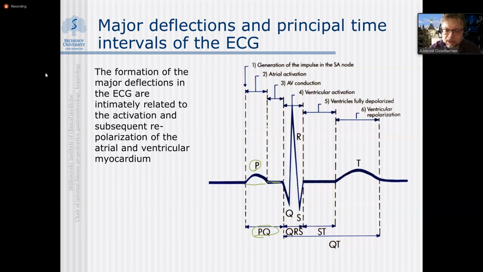A segment is after termination of P and before onset of the ventricular complex. An interval is the portion of the ECG including the P wave. So that's the so-called supraventricular activation that encompasses activation of atria and activation of the AV node. Again, that will be important when we talk about AV blocks.